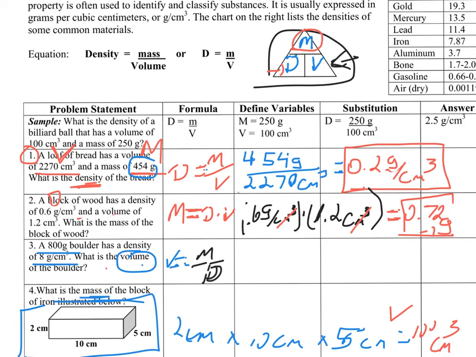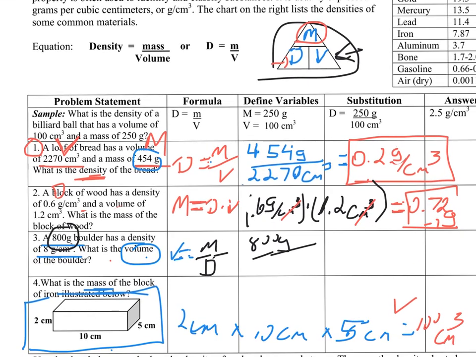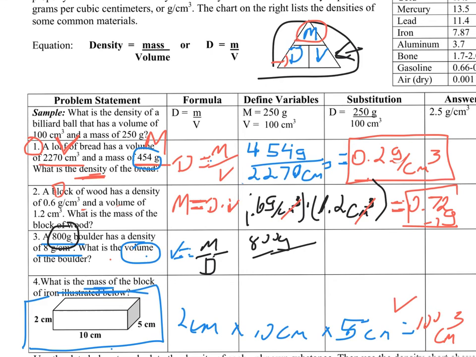Okay, now what's my mass? It's the 800 grams. So you're going to have 800 grams on top. And now what's the density? Okay, it's 8 grams per centimeter cubed.